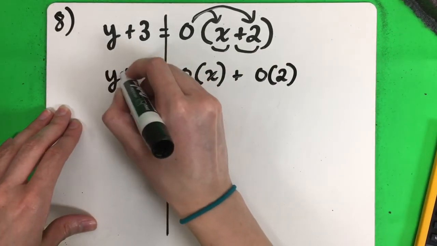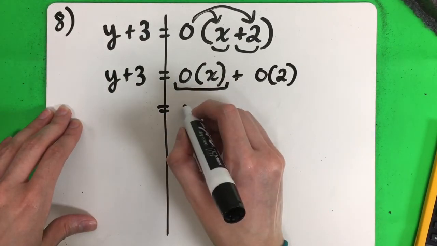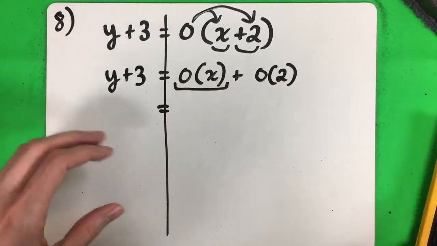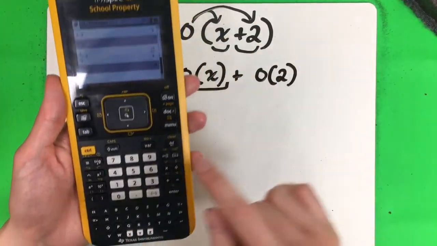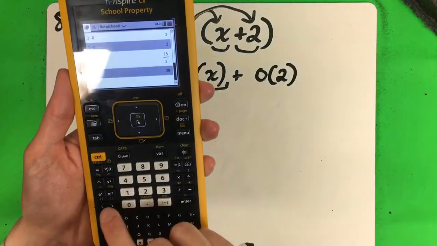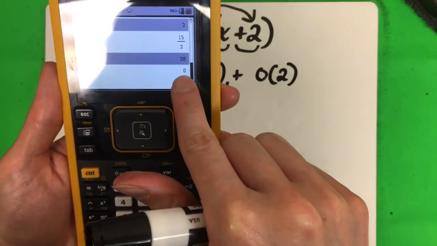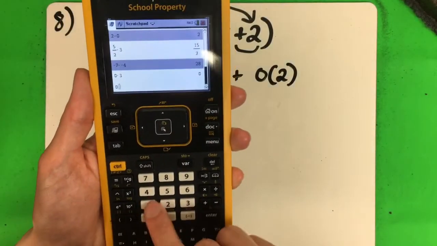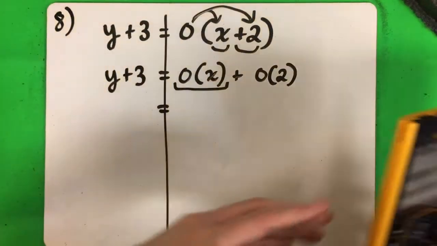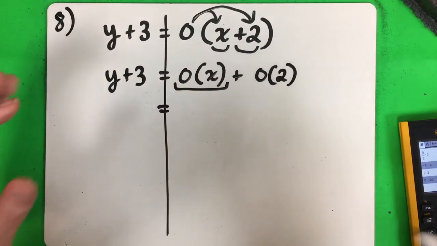Copy y plus 3 here. 0 times x is 0x. What's 0 times anything? 0 por alguien. 0 por cada número. 0 times 3, for example, is 0. 0 times 100 is 0. 0 times anything, 0 por everything, por todo, is 0.